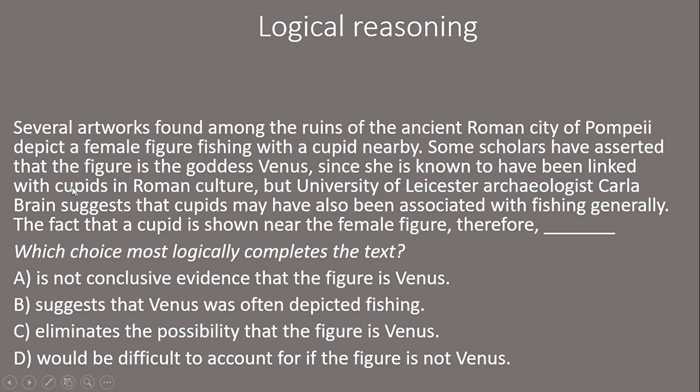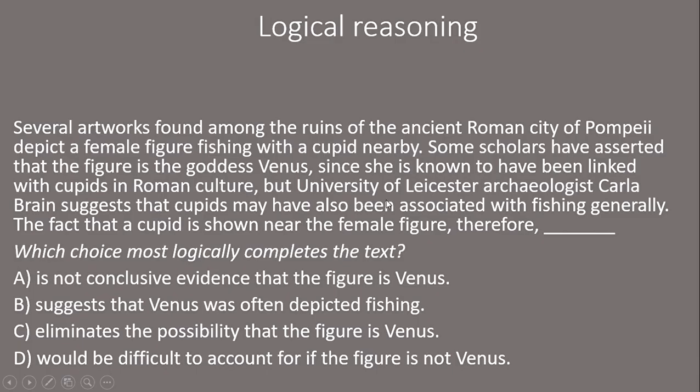Let's read through. This one says, several artworks found among the ruins of the ancient Roman city of Pompeii depict a female figure fishing with a cubeb nearby. Some scholars have asserted that the figure is the goddess Venus, since she is known to have been linked with cubebs in Roman culture.